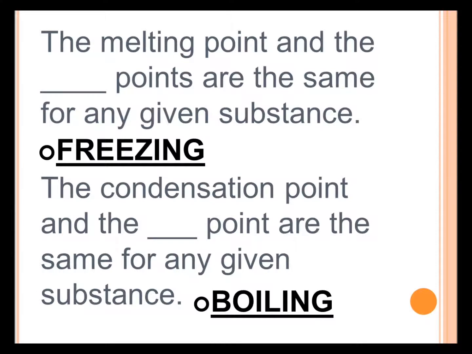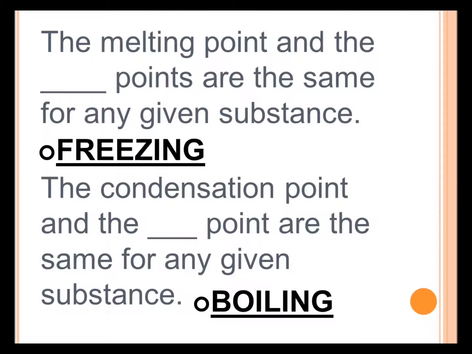Okay, so let's talk about melting point. And the melting point and the freezing point are the same for any given substance. And at first that may not make sense to you, but let's talk about what temperature stuff freezes. So water, for example, freezes at 0 degrees Celsius, but that's also the temperature that water will start melting.